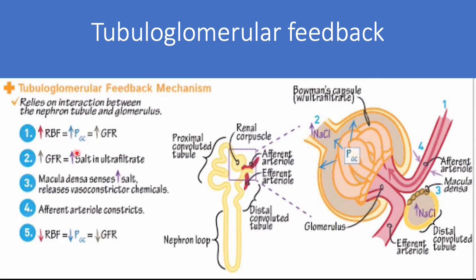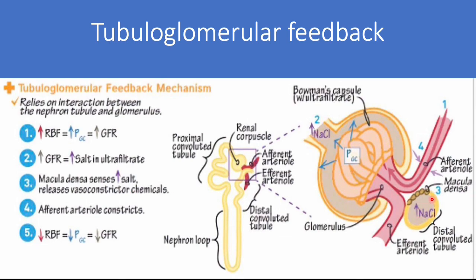This increases the hydrostatic pressure in the afferent arterioles, which increases the GFR. If the GFR increases, obviously the solute concentration of the ultrafiltrate also increases, and this is sensed by the macula densa cell.